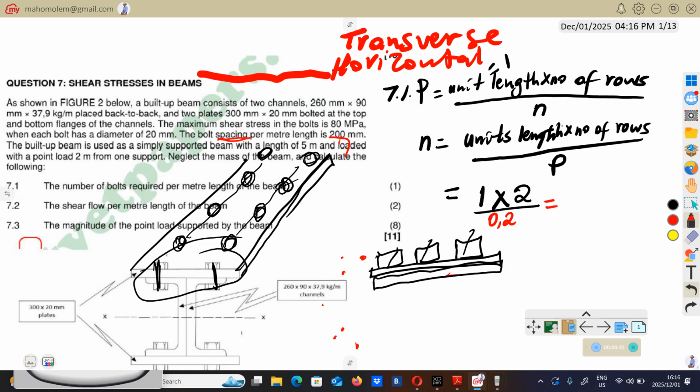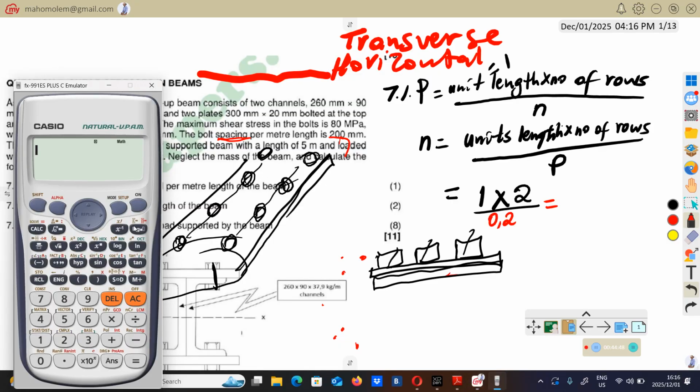Then from there, calculator comes in, then you will have 1 times 2 over 0.2 equals 10.